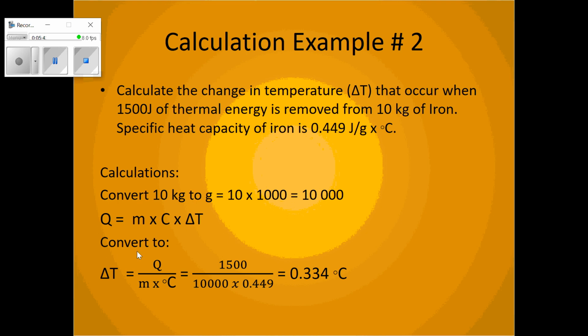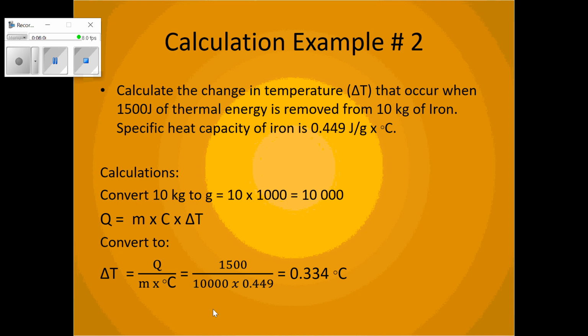So by doing that, we're going to isolate delta T by itself, and then we're going to end up with Q divided by M times C degrees. Now we just need to plug it in, which makes it super easy, and all our numbers are already presented. Our joules, or Q, is 1,500, so we're going to put that at the top.